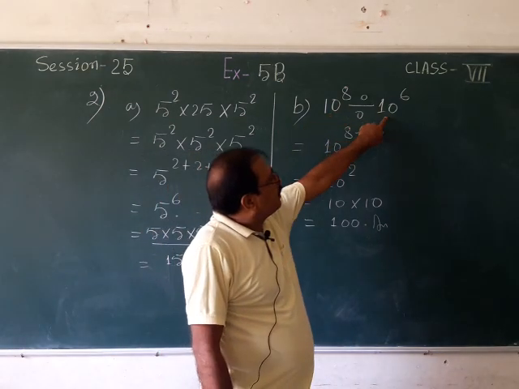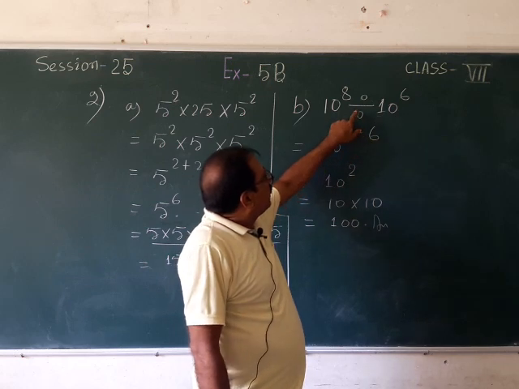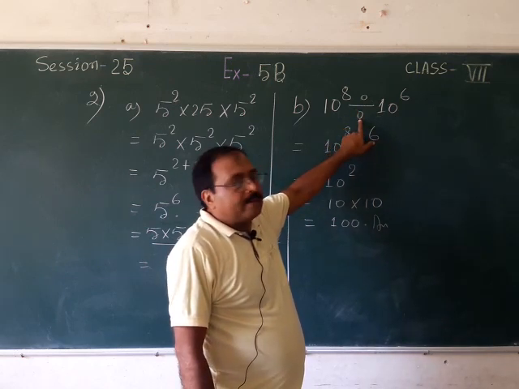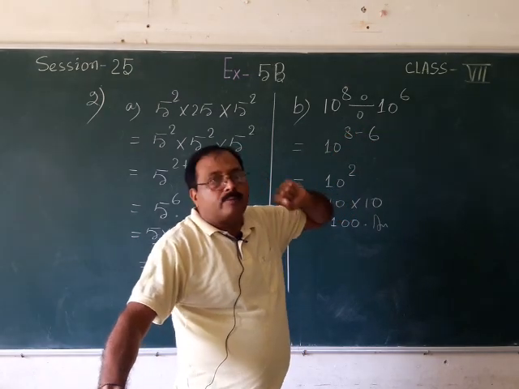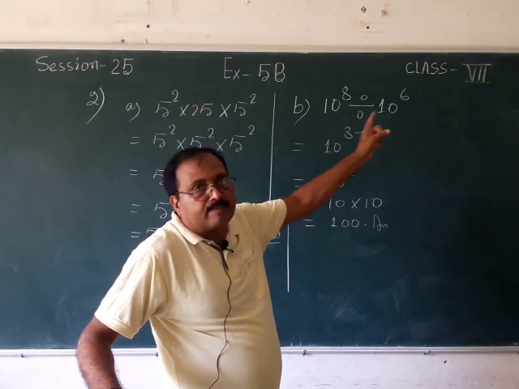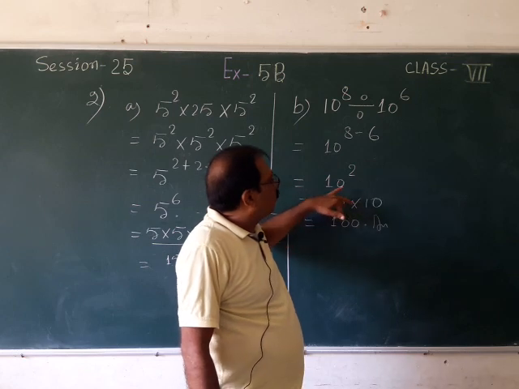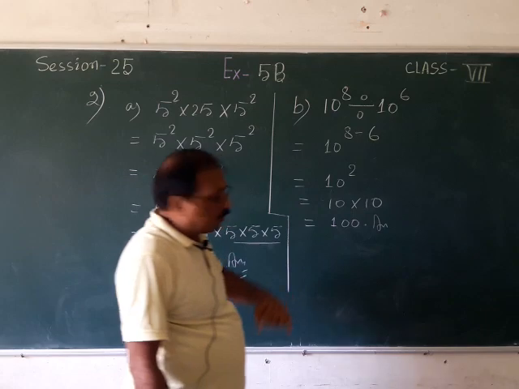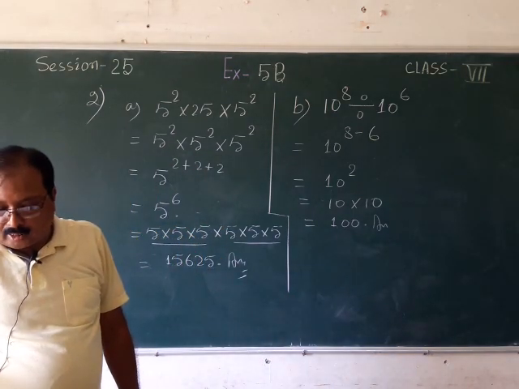I can see the bases are 10, and there is the division sign, and by the second law of exponent which I have written there, if the bases are same, in case of division, the power is subtracted. So here I have written 8 minus 6. So 8 minus 6 gives you 2. Now 10 to the power 2 means 10 into 10, and that is going to be 100. Like that you can solve these questions.